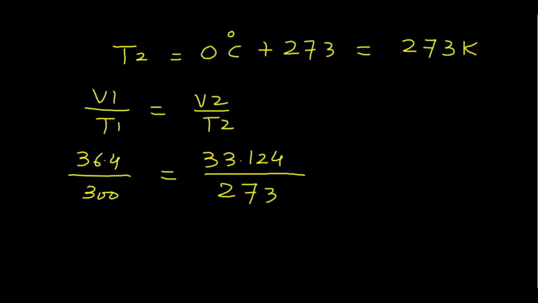By dividing 36.4 with 300 we get 0.1. Similarly, by dividing 33.124 with 273 we get 0.1.